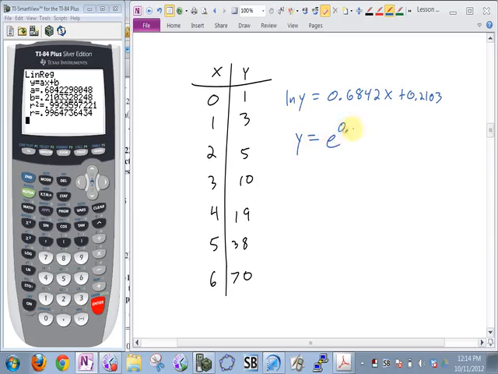So what we really get is e to the 0.6842x plus 0.2103, right?